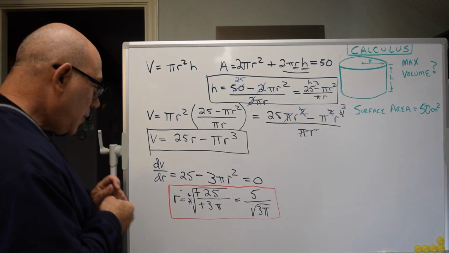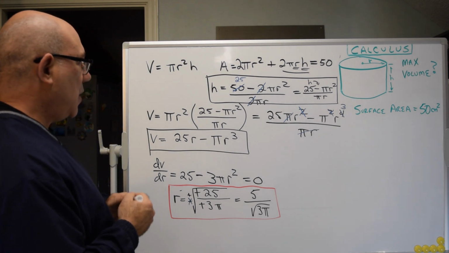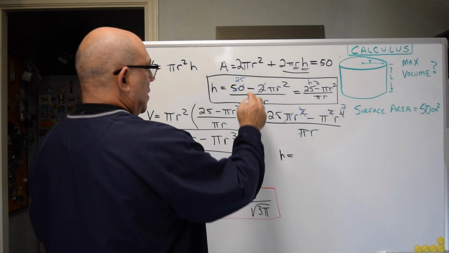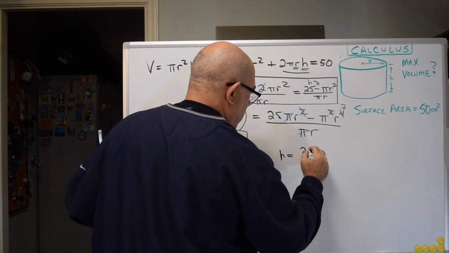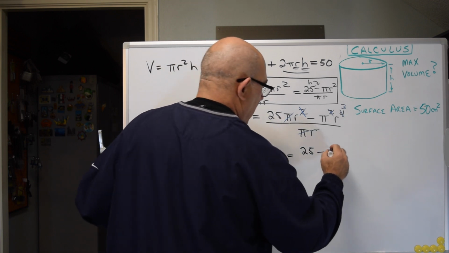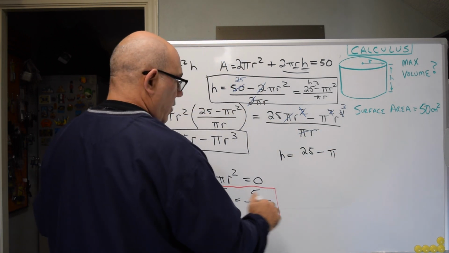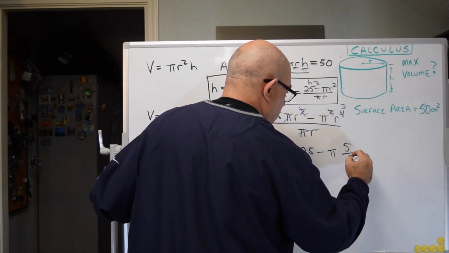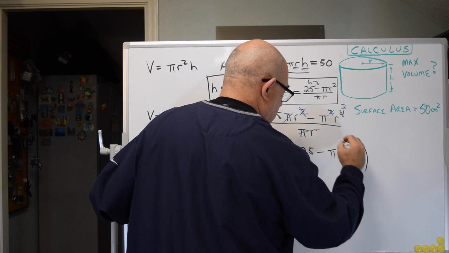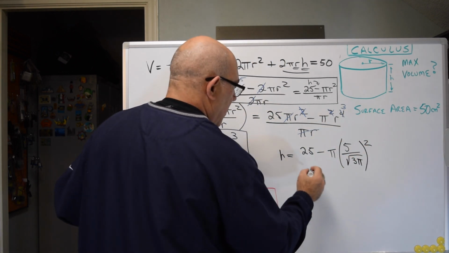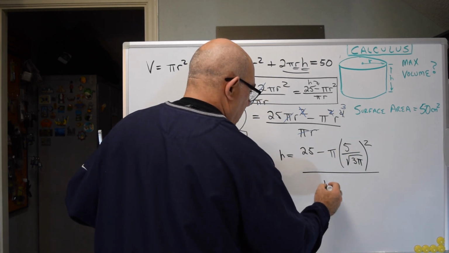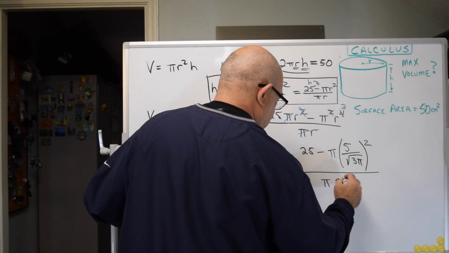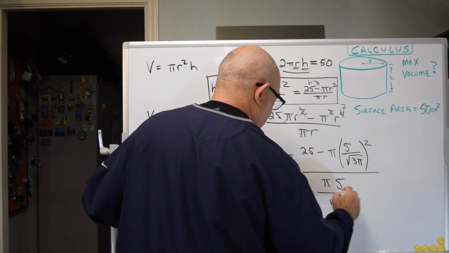So the height equals 25 minus pi times 5 over the square root of 3 pi, squared, divided by pi times 5 over the square root of 3 pi.